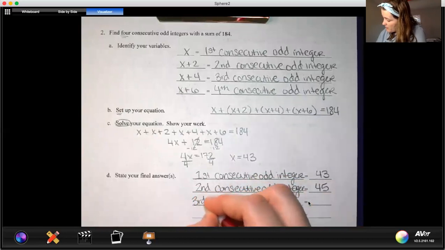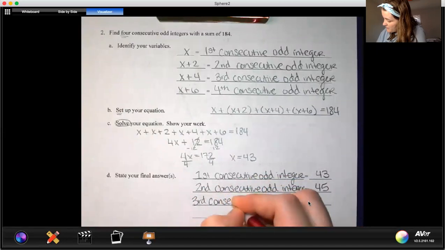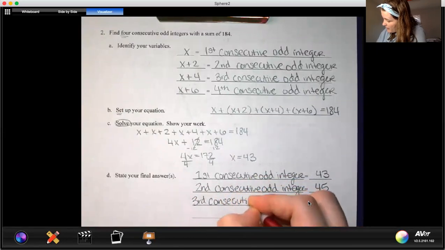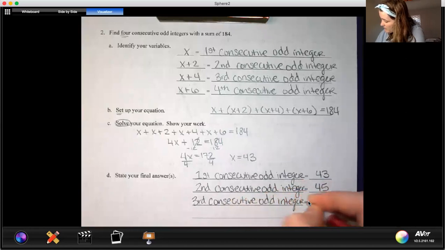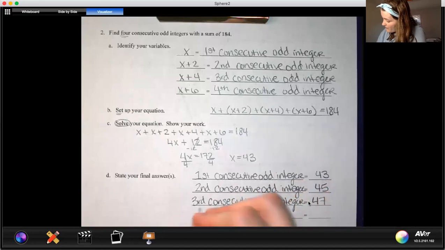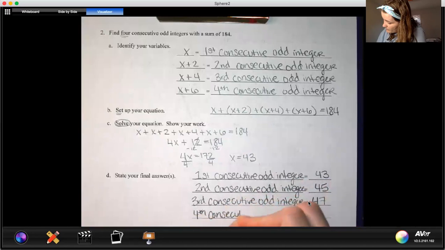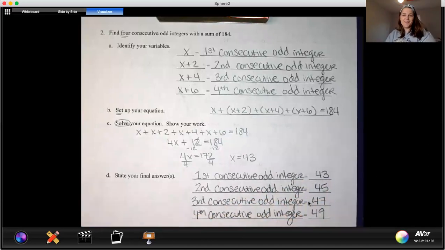And so I'm going to follow my pattern that we set up in part A to identify the rest of my consecutive odd integers. And we end up with this answer.